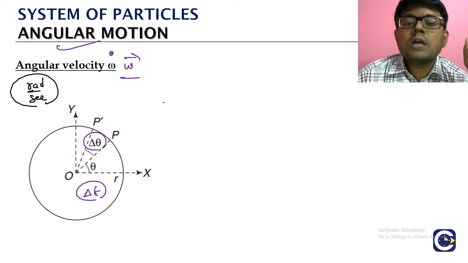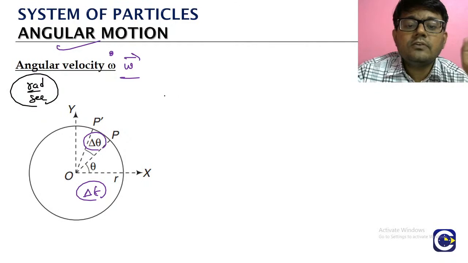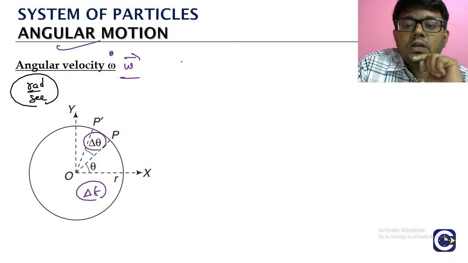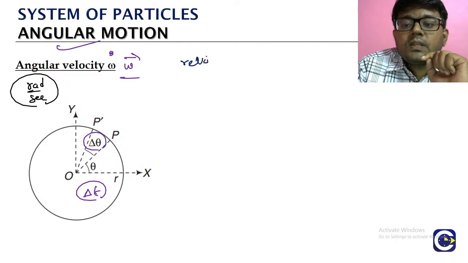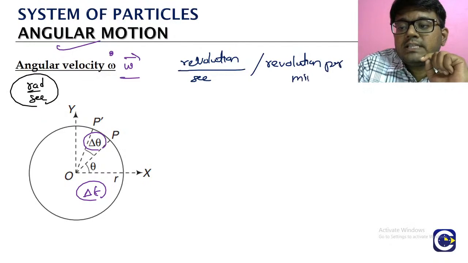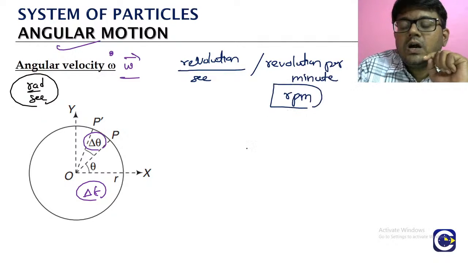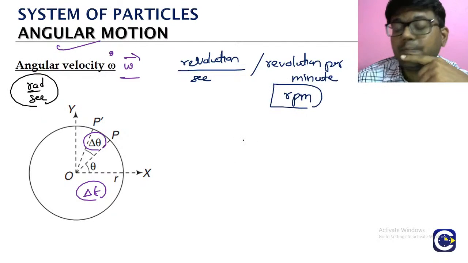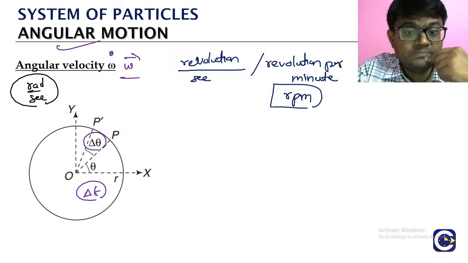We also have one more unit for angular velocity, which is revolutions per second, or more particularly revolutions per minute, which is also represented by the symbol RPM.